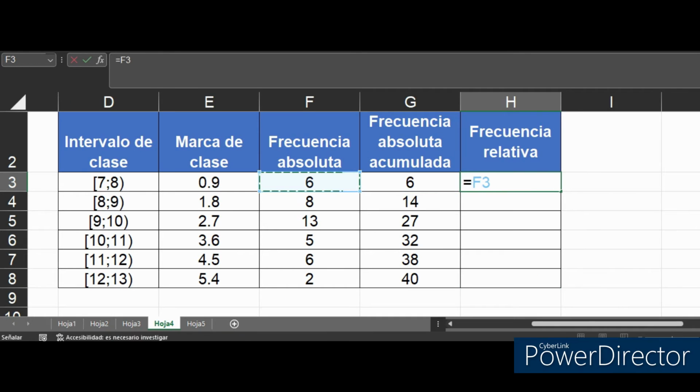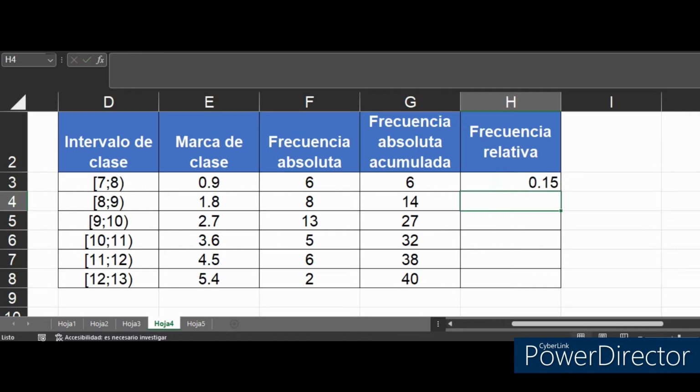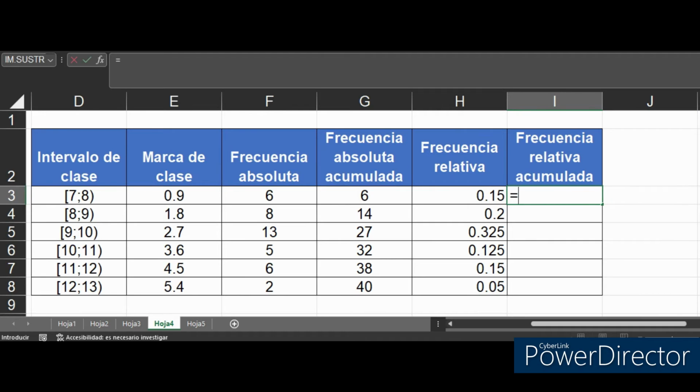For the relative frequency, you only have to divide the absolute frequency by the total number of data. For the cumulative relative frequency, you can divide the cumulative absolute frequency by 40, or simply add each of the relative frequencies.